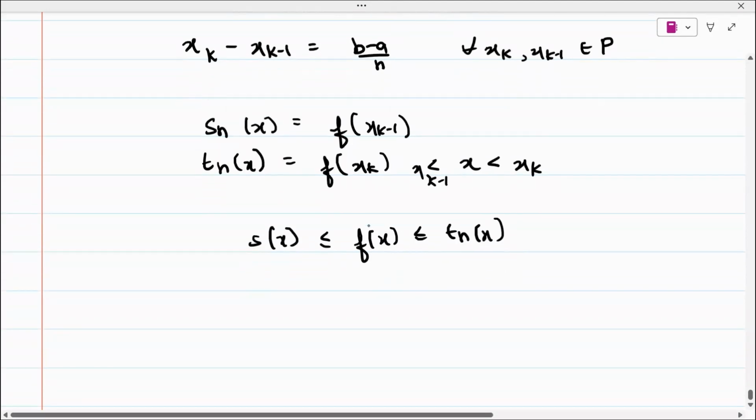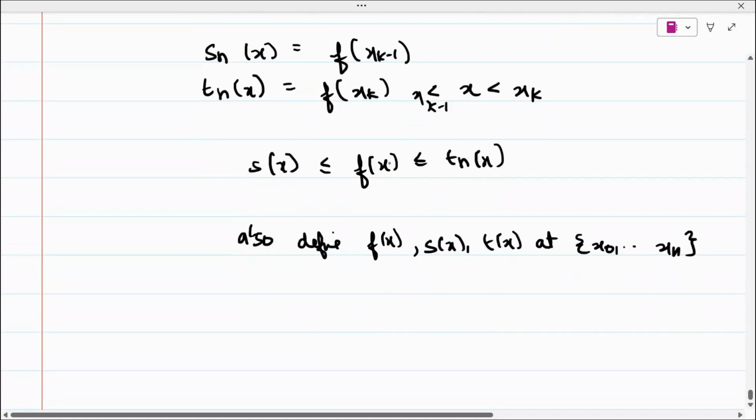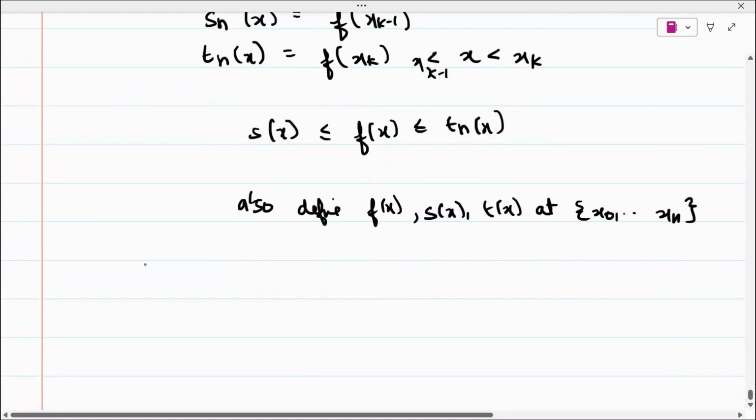And we also define f of x, s of x, and t of x at the partition points, that is at x0 to xn, because here we said it only for the open intervals. Define it so that it's defined continuously.